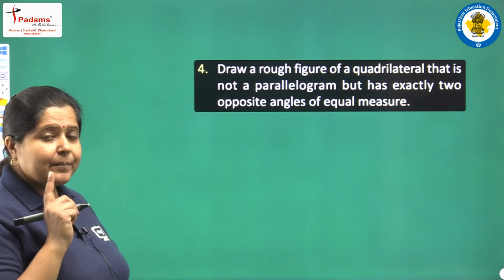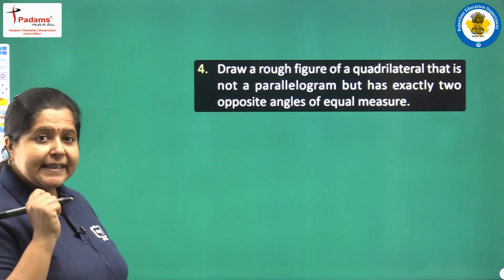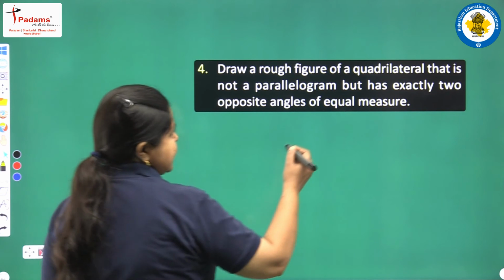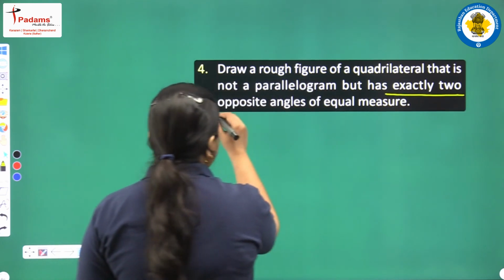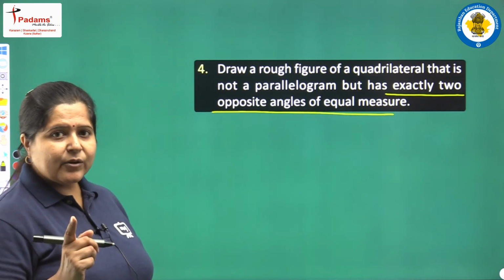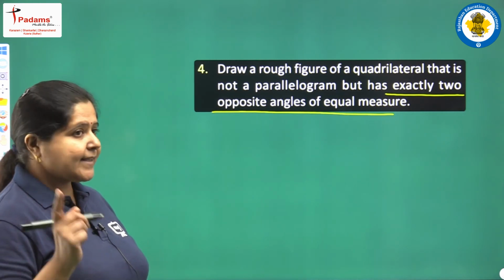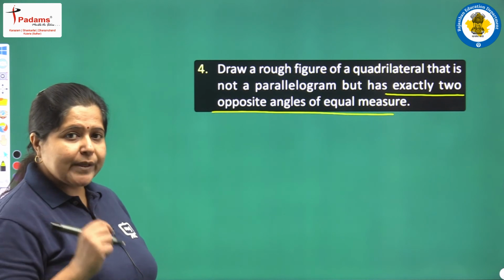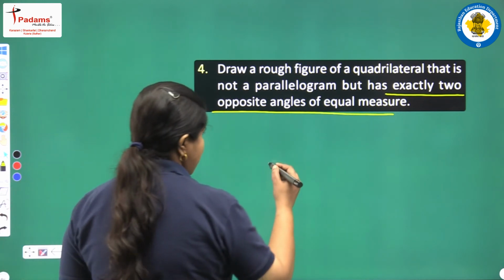It has a pair of opposite angles equal, and here it is being asked two opposite angles of equal measure. A kite is not a parallelogram and still it has a pair of opposite angles which is equal. Let us draw it.